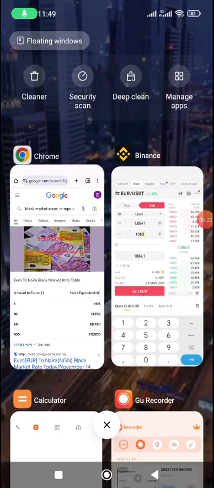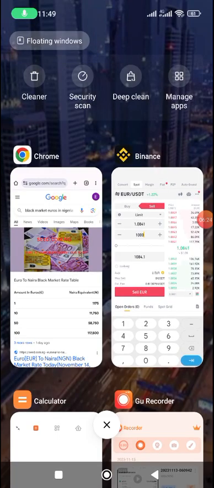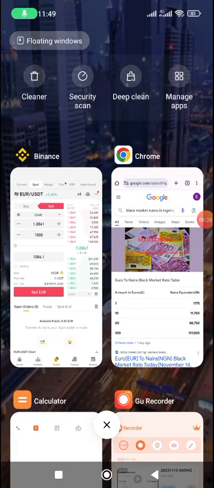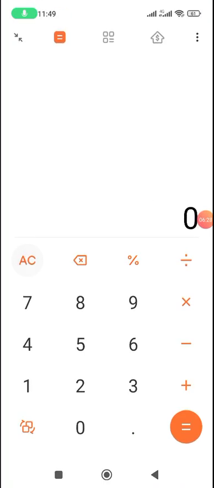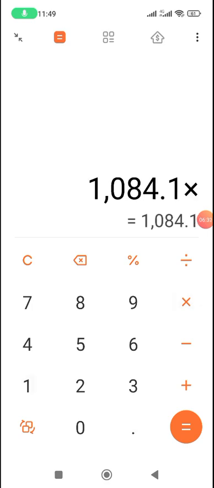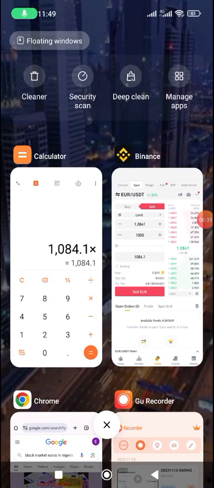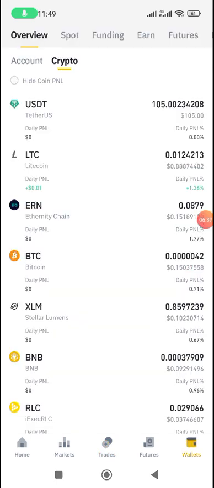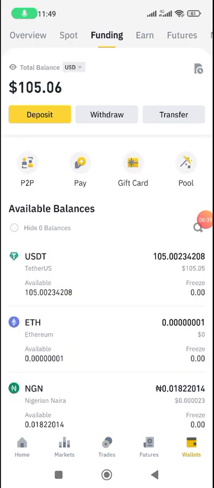Now let's multiply 1084.1 by the rate of how much USDT is now.